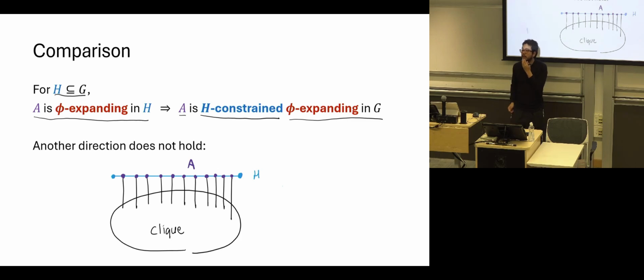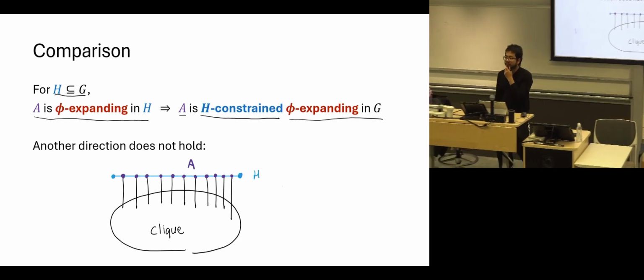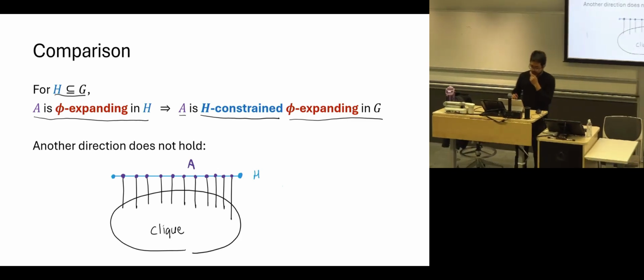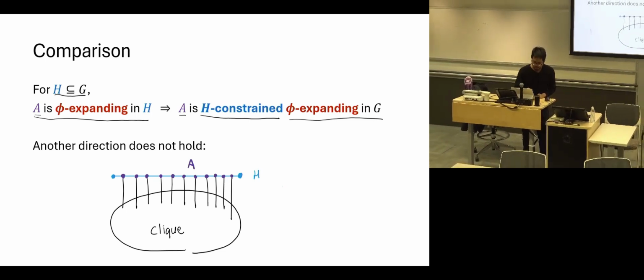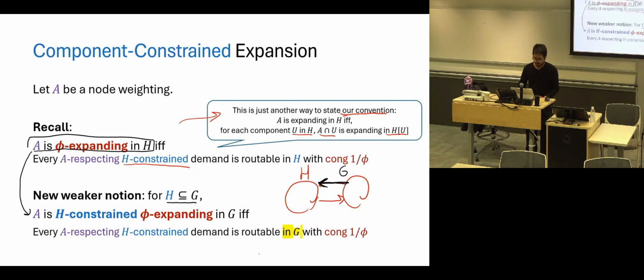Sorry, why does the left-hand side imply that A is H-constrained? Oh, because when A is phi expanding in H, it means that any H-constrained demand is routable in H. Oh, okay, gotcha.